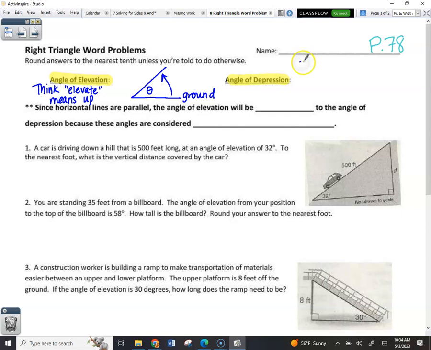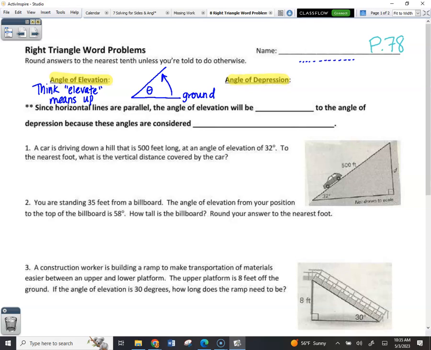So angle of depression always implies that you are up high on something. You're either on the top of a cliff, on the top of a mountain, on the top of a building, up in a tree, a bird in a tree. It always starts with something already up off the ground. Angle of elevation is from the ground.